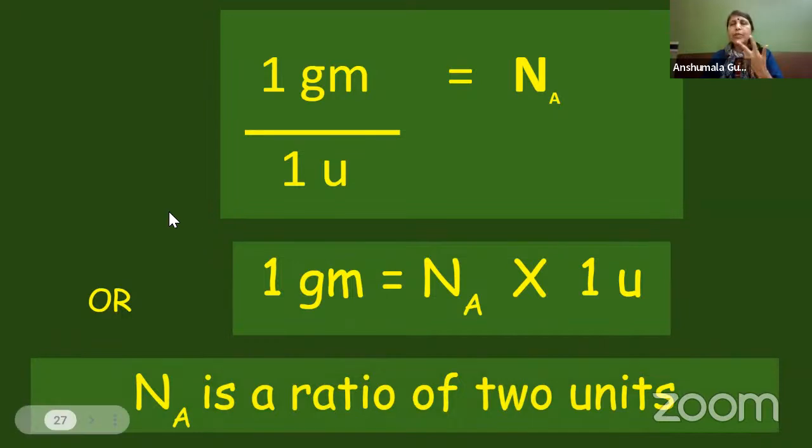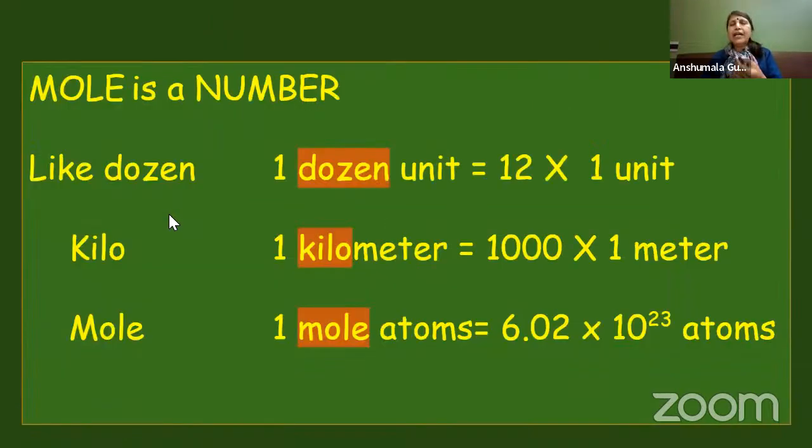This Avogadro's number is a ratio of two units. It's a unit multiplying number, a scaling number, a number which scales units. For example, when you say a dozen, it means 1 dozen of anything is 12 times that thing. So 1 dozen grams will be 12 grams.